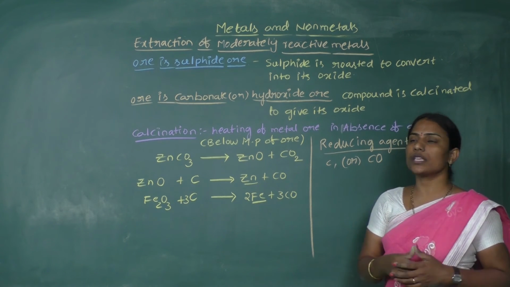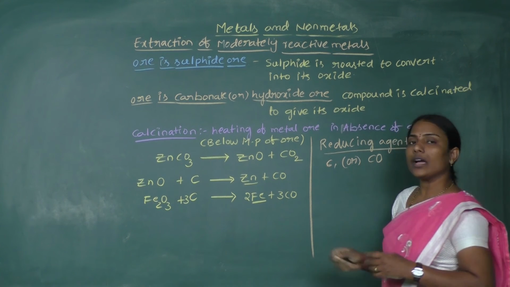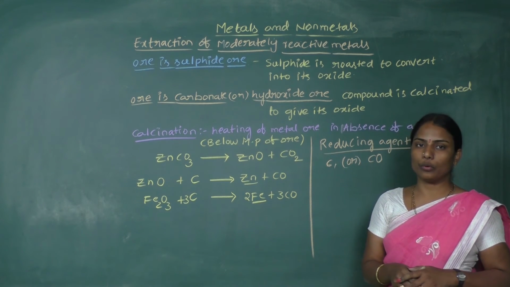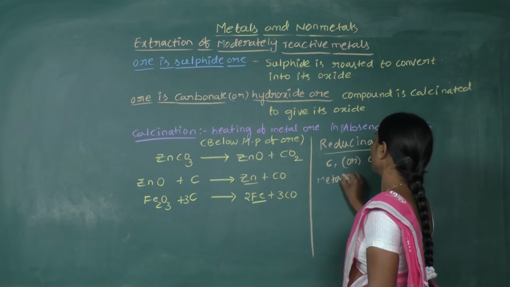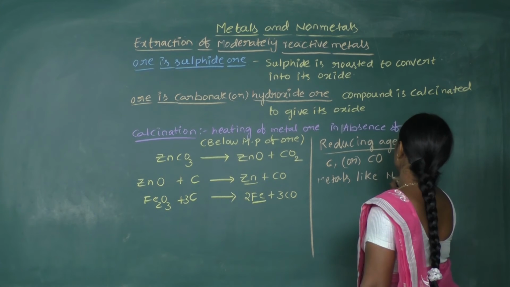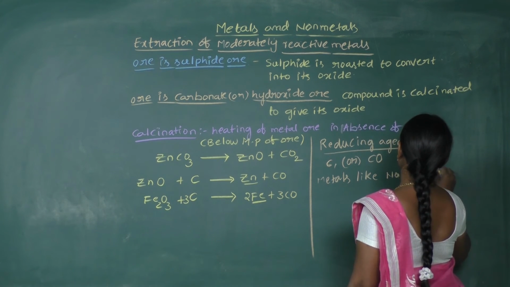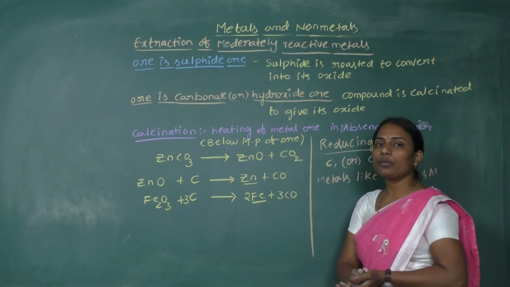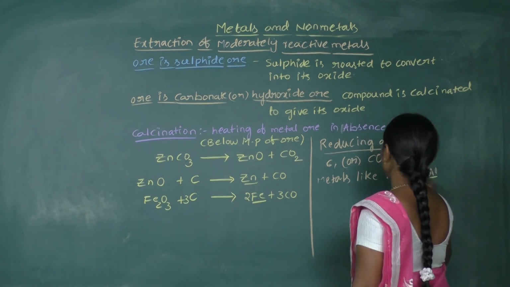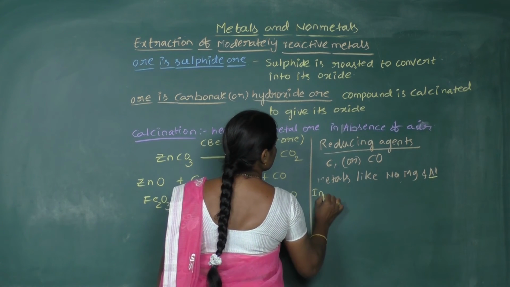If not carbon or carbon monoxide, we can use metals like sodium, magnesium and aluminium. For example, aluminium is used in the aluminothermite process.